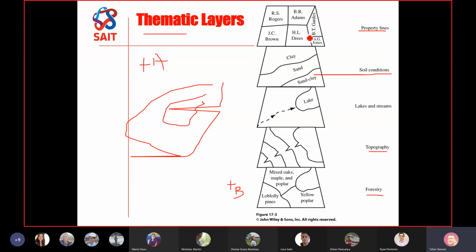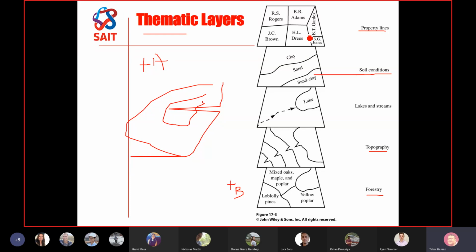Then you as a designer can refine the selection of the route to come up with the best design within the predicted zone. Now, the thing is, those thematic layers, in this example here, we have 1, 2, 3, 4, 5 layers. 5 layers of different information or different themes.